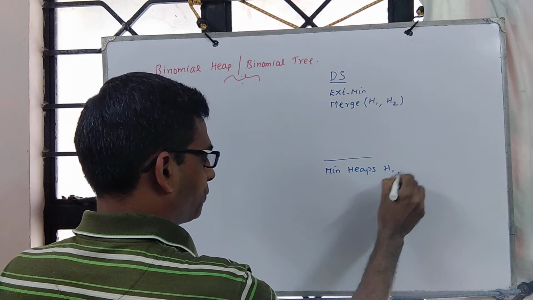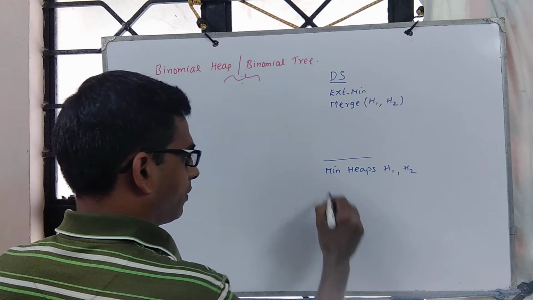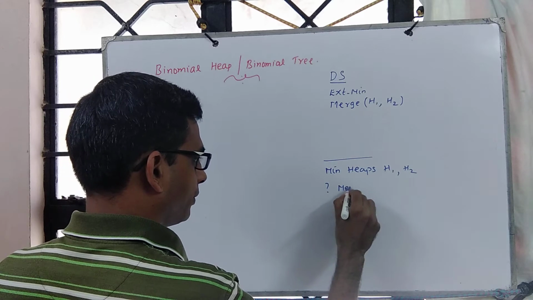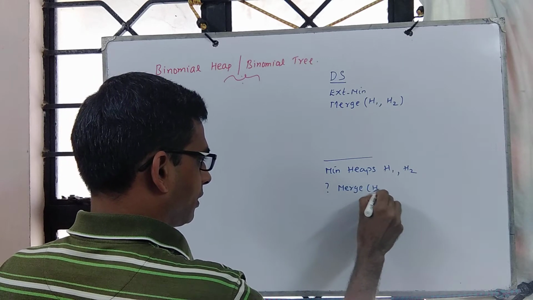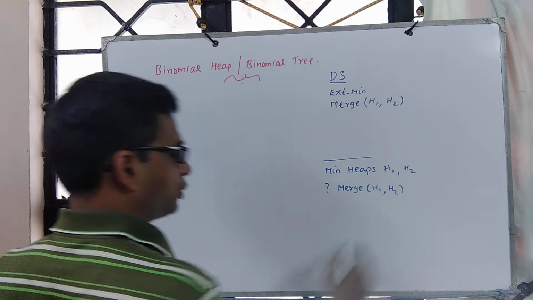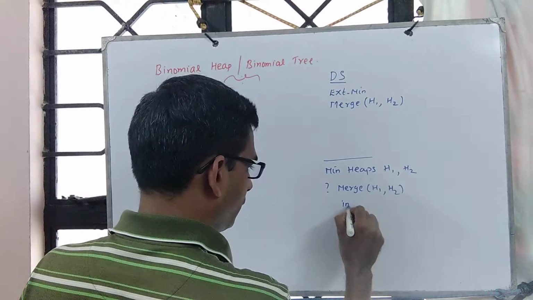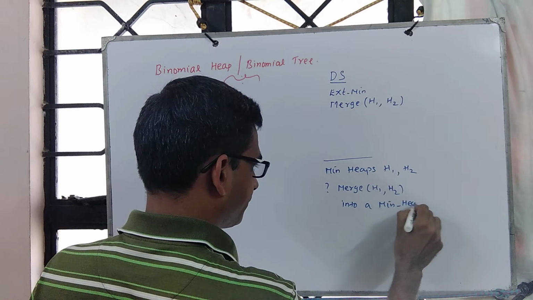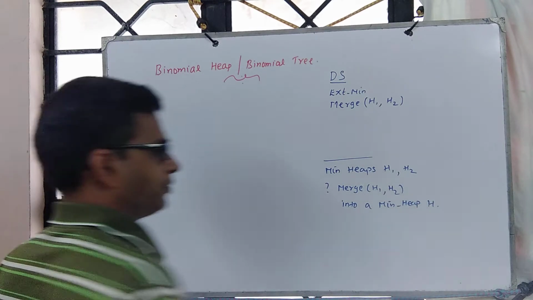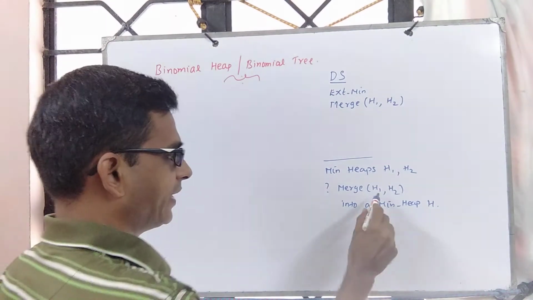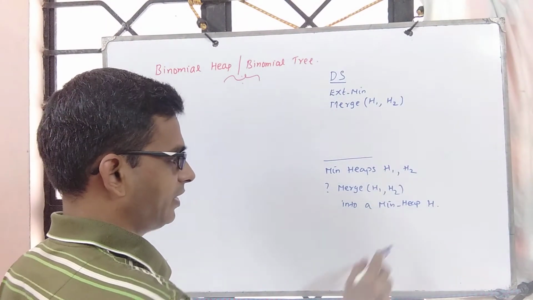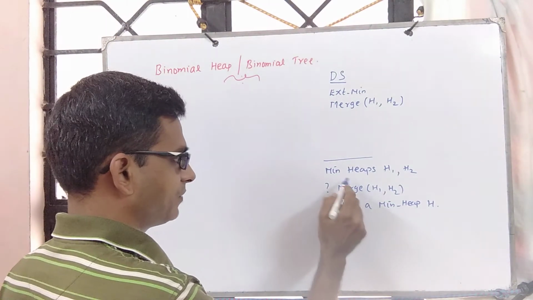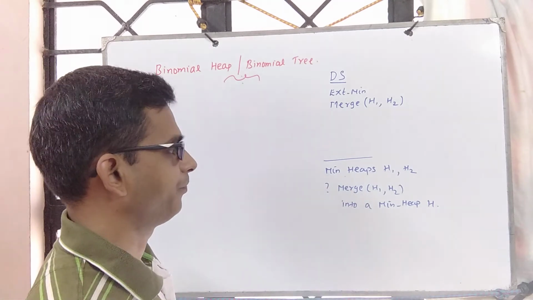say H1 and H2. What is the question? Question is to merge H1, H2 into a min heap H. So we want to merge these two data structures in such a way that the resultant satisfies the given property.